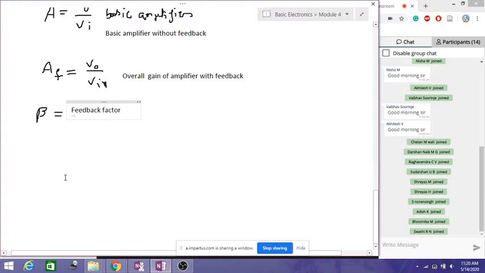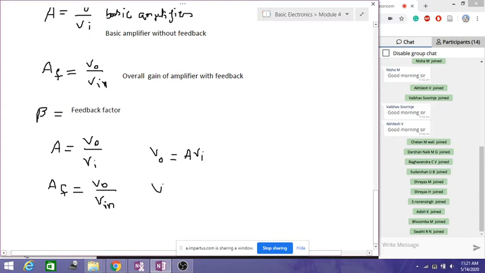Then we have A equal to Vo by Vi, and Af equal to Vo by Vin. Then Vo is equal to A into Vi if you write this equation.